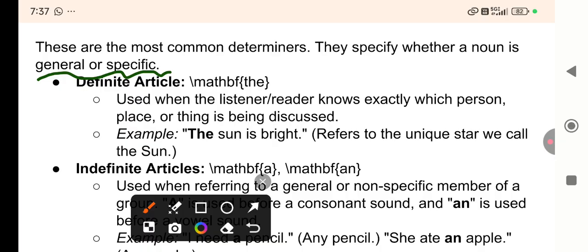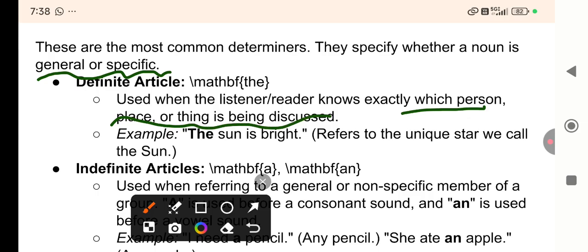So the definite article is the, and it is used when the listener or reader knows exactly which person, place, or thing is being discussed. So when the listener or reader knows about the noun, then we use the.